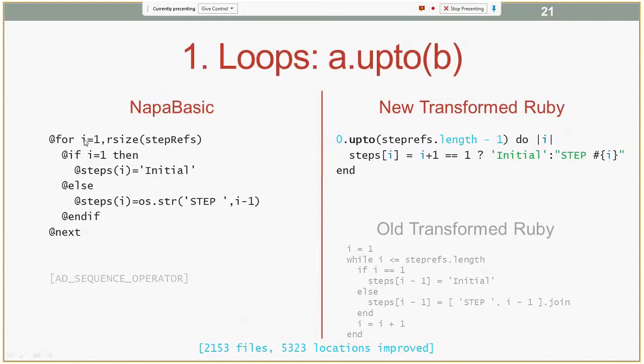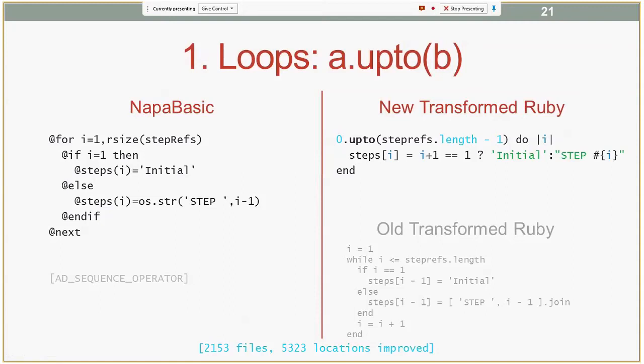For example, this index variable can be assigned randomly to some other value inside the loop. And also the index variable can be used in different ways after the loop. And the Ruby up to loop, or the Ruby for loop, does not have these properties. So originally we had to transform the for loops to Ruby while loops, which have a more primitive syntax.